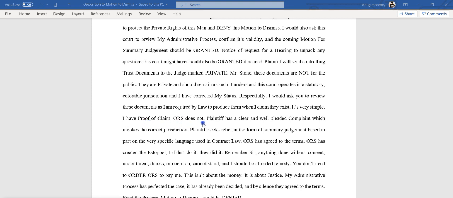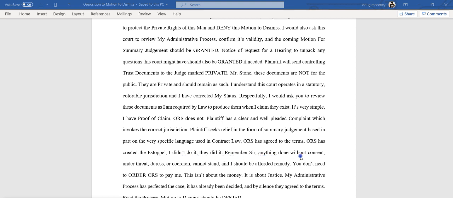I have proof of claim. ORS does not. Plaintiff has a clear and well-pleaded complaint which invokes the correct jurisdiction, which is equity. Plaintiff seeks relief in the form of summary judgment based in part on the very specific language used in contract law. ORS has agreed to the terms. ORS has created the estoppel. I didn't do it, they did it.